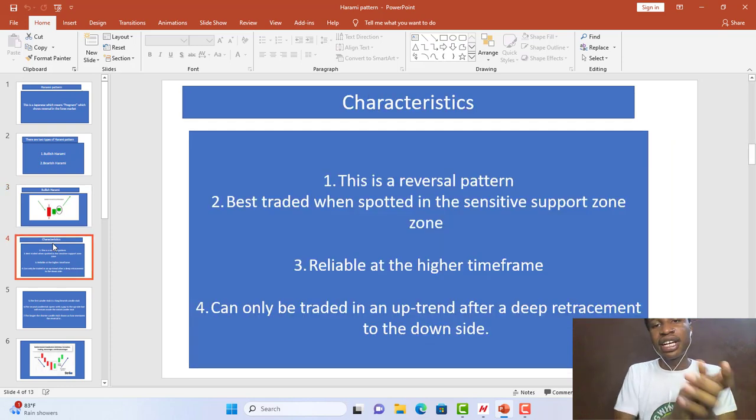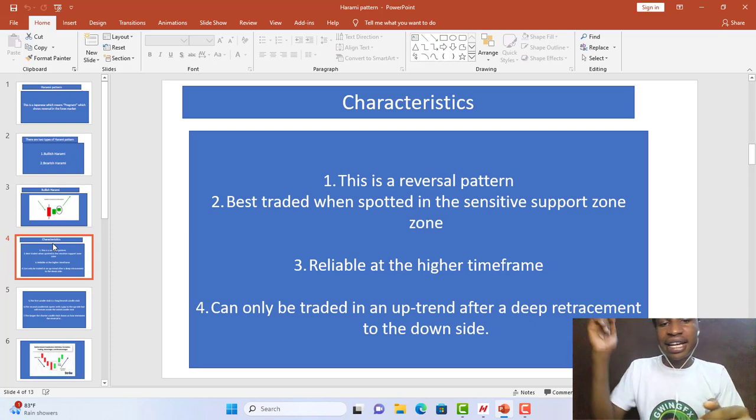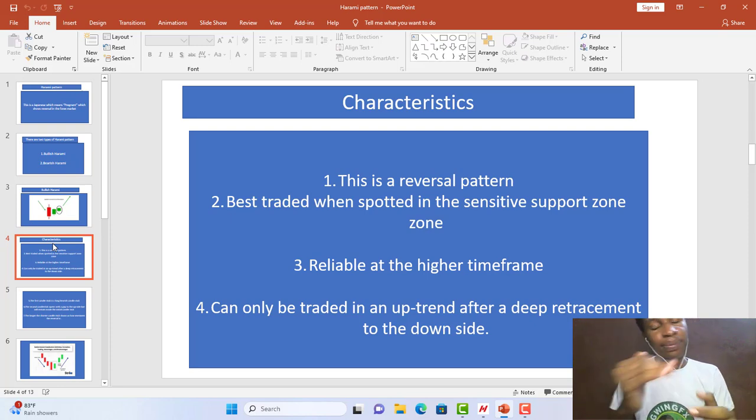So we went for the characteristics. This is a reversal pattern, best traded when spotted in the sensitive support zone, reliable at the higher time frame, can only be traded in a downtrend after a deep retracement to the downside. Now you can also trade it in an uptrend for a bullish harami, but you must allow for a deep retracement to the downside.